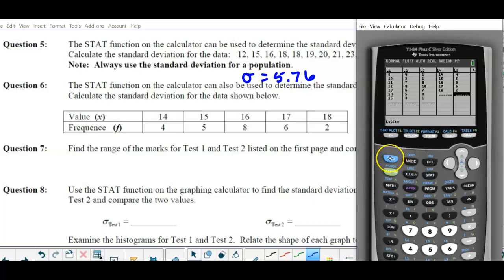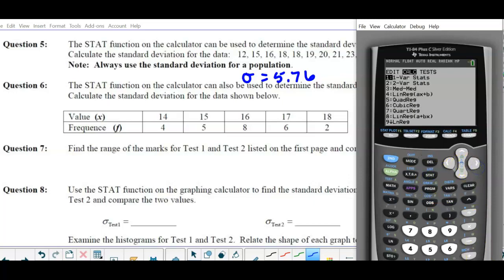So I'm going to find the standard deviation. Quit out of that. Stat, calc, enter, one variable, but now they're in L4 because I deleted the previous L4, and my frequencies are in L5. You don't have to worry about SX, Jaden. It's called the sample, but we're going to use population.